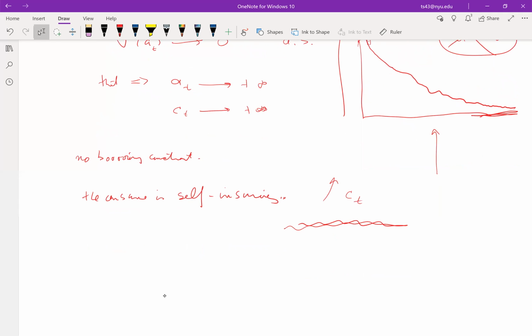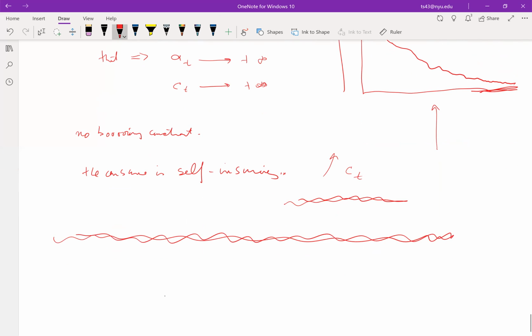Okay, I want to conclude this discussion with a couple of remarks. This self-insurance motive often appears in lots of setups like those that people like Mark Gertler, Bernanke, Kiyotaki put together, where there are financial frictions of various kinds that give rise to indirect utility functions that are concave.